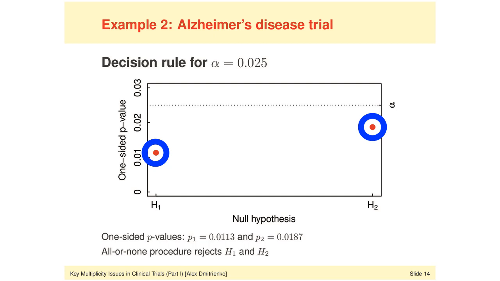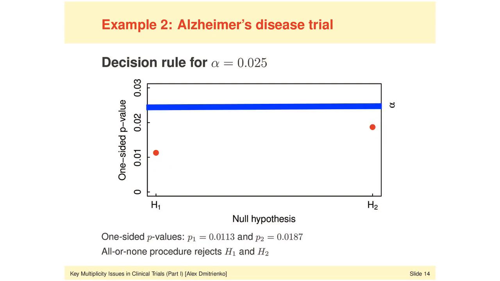You can see easily that both p-values are below the threshold that represents the one-sided alpha of 0.025. Each p-value is significant, and therefore the all or none procedure rejects both null hypotheses of no treatment effect. The trial is declared successful, and the sponsor can claim that the treatment significantly improves both cognition and global clinical assessment in patients with Alzheimer's disease.